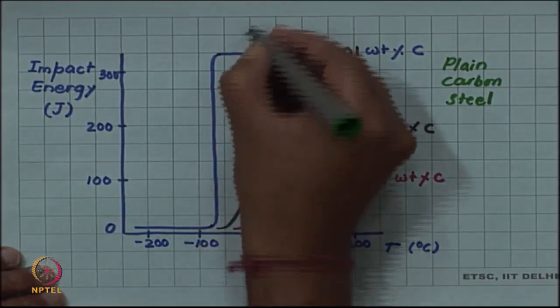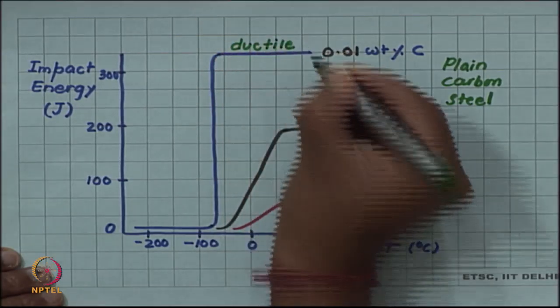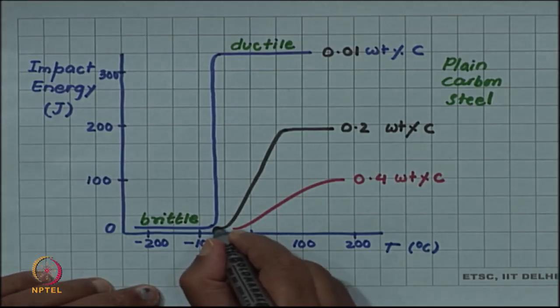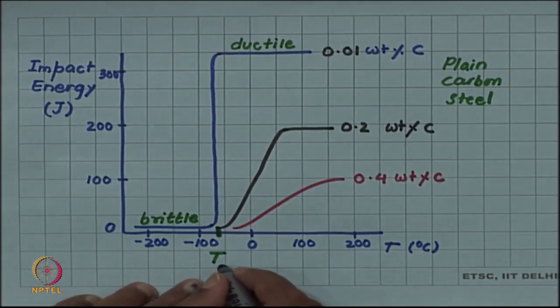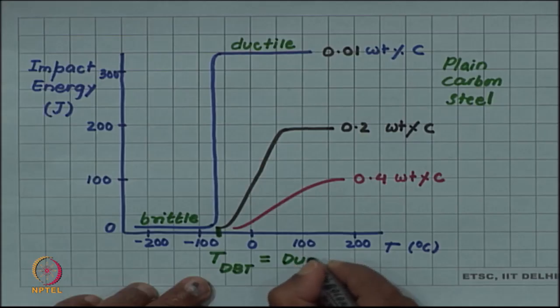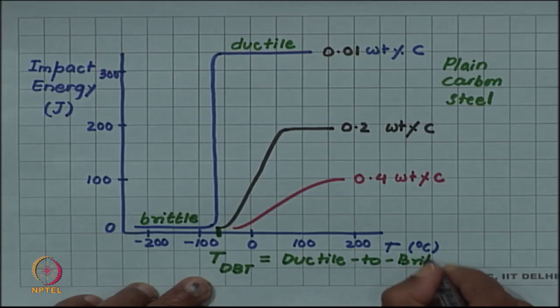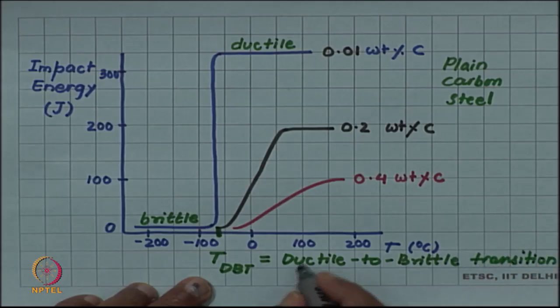So, this means this represents a ductile behavior, whereas this represents a brittle behavior, and a transition is happening at this temperature, which we will call the ductile to brittle transition temperature, T d b t, ductile brittle transition temperature.